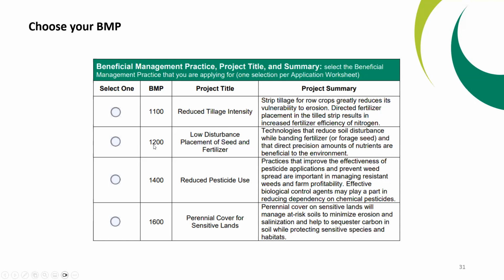Last year, we had a project summary that you needed to actually type out. This will be automatically generated here when you choose the BMP, and it is straight from the guidebook. So all you need to do is one click.